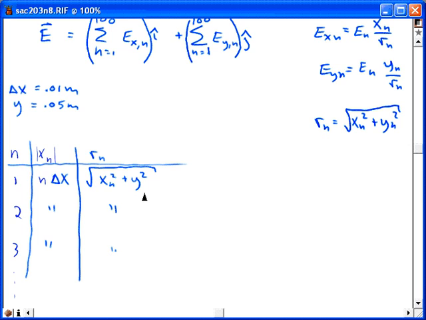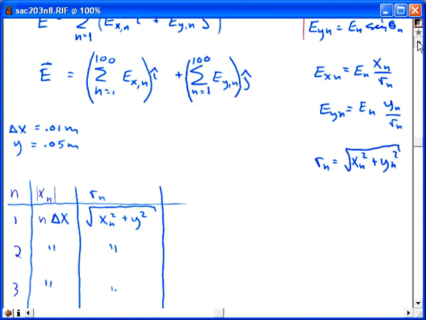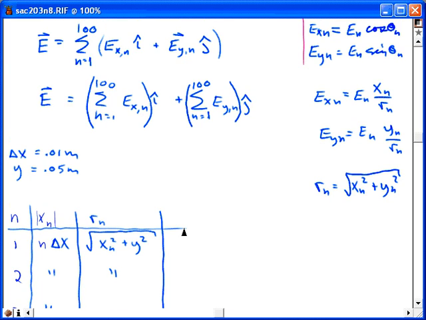It doesn't matter which one I'm dealing with. That same expression is going to apply. Then what else do I need? I'm summing these up, so I think I'm ready for an expression for that. Well, let's get E sub n first.